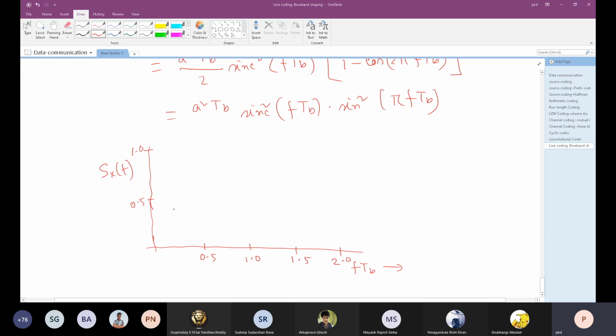So for NRZ polar, there are two parts. One is a delta function. So there will be a delta function here.